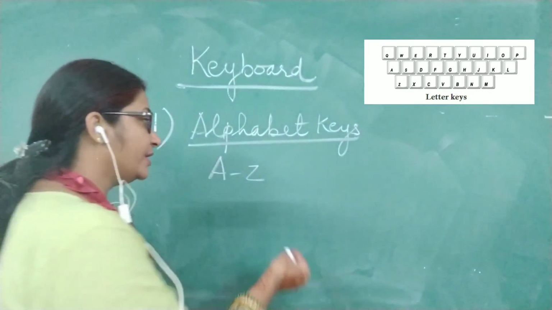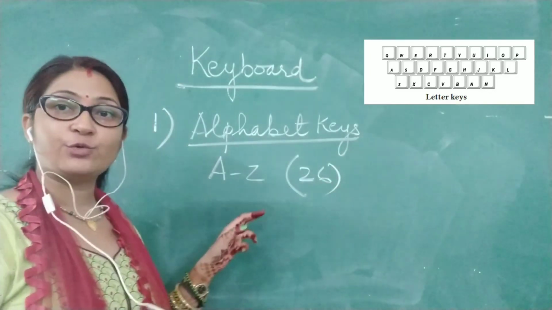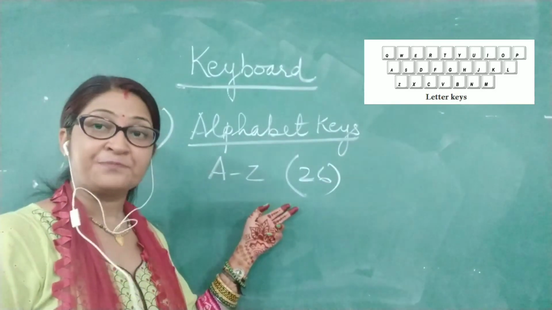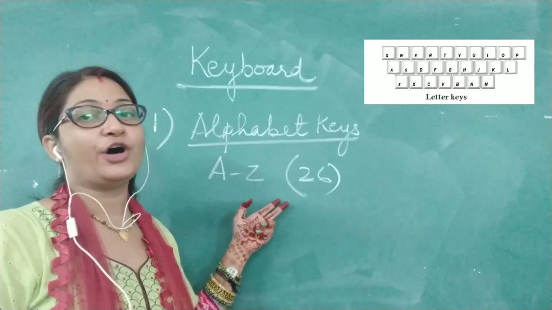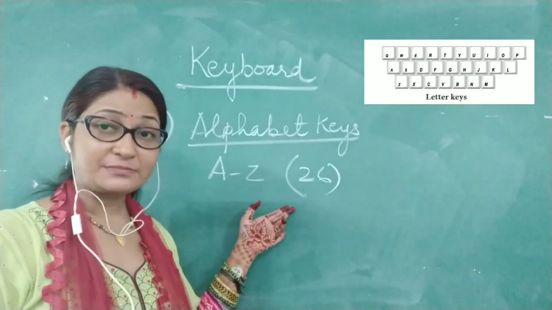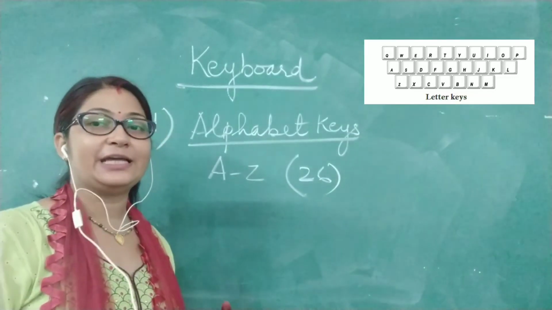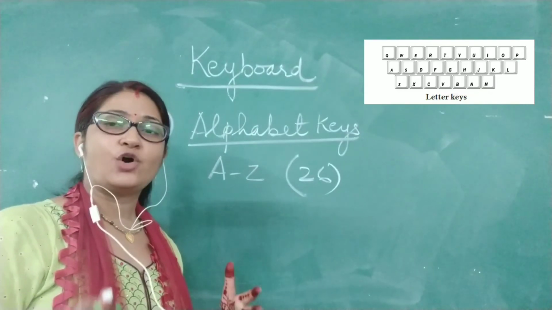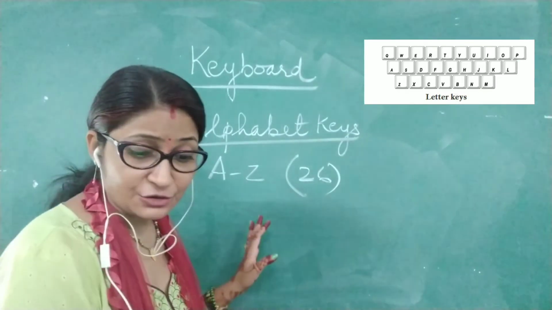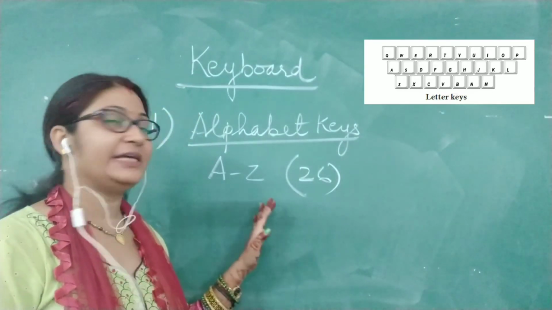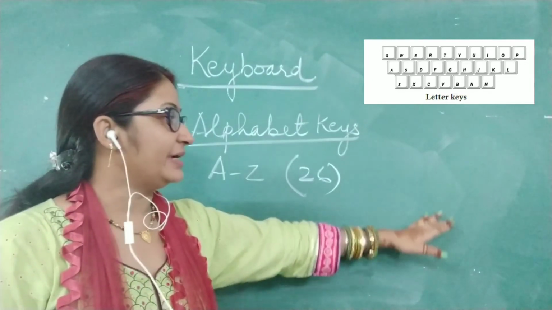So in total how many alphabets do we have? 26 in number. So there are 26 alphabet keys on your keyboard. With the help of these alphabet keys, you can type any kinds of words or sentences, whatever you want. These are the alphabet keys you can see here.